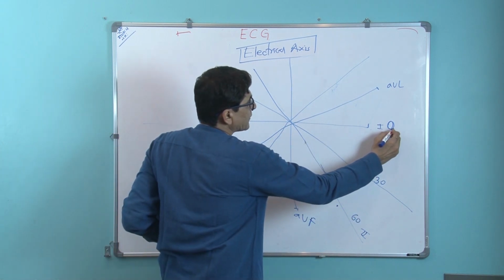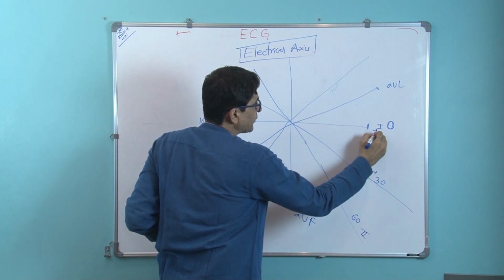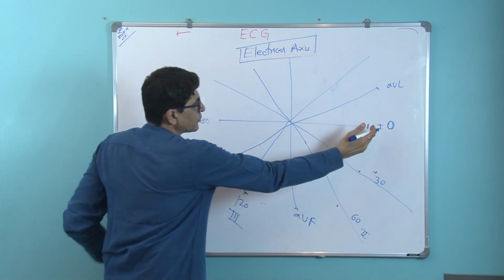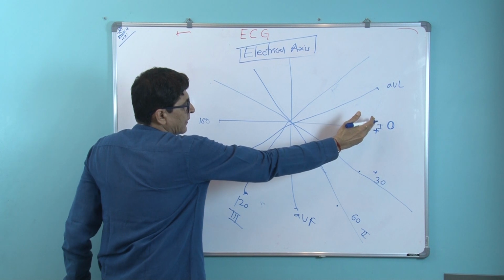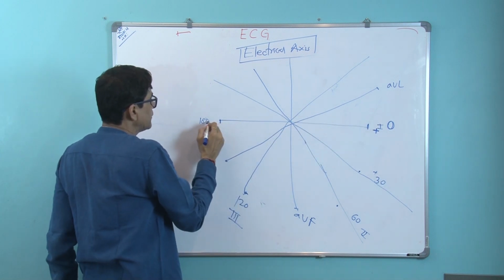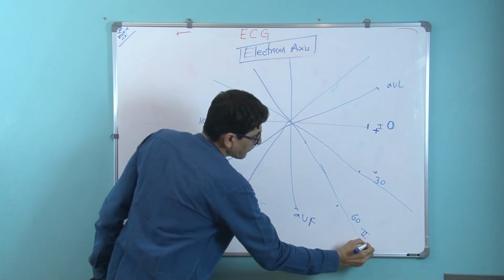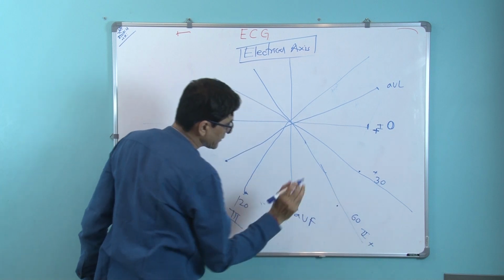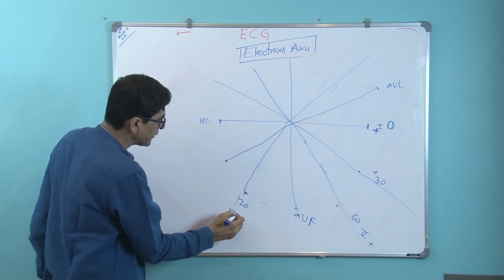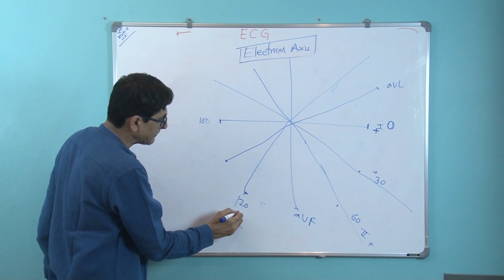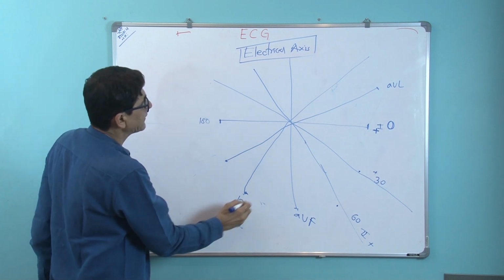So first, positive terminal, positive to the left arm, negative. So this is 180. This is positive terminal of the lead 2, 60 degree. This positive terminal of the 3 is 120.